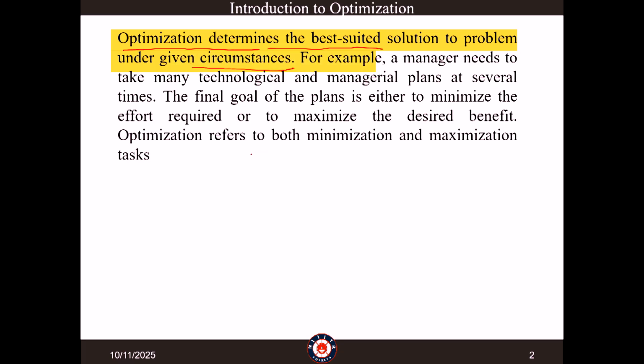For example, a manager needs to make many technological and managerial plans at several times. The final goal of the plans is either to minimize the effort required or to maximize the desired benefit. Optimization refers to both maximization and minimization.